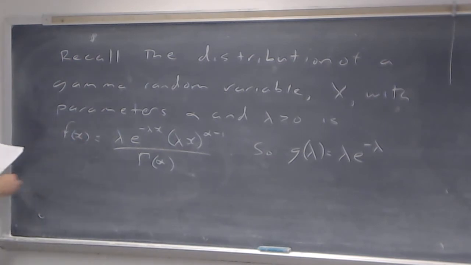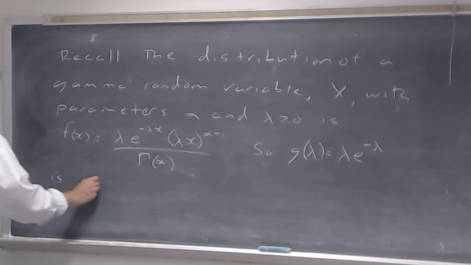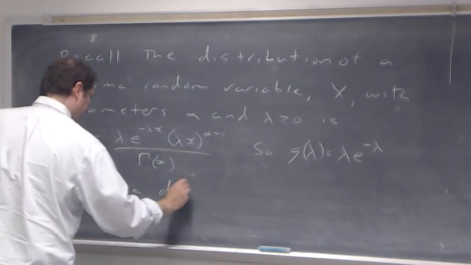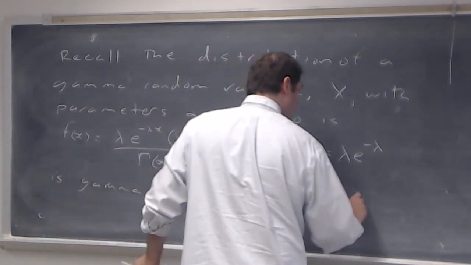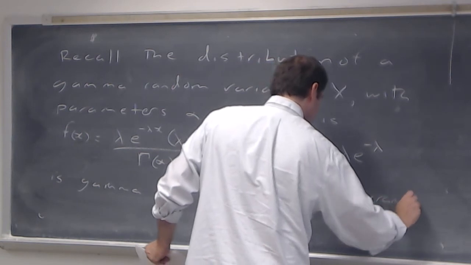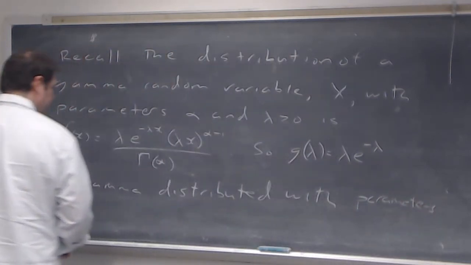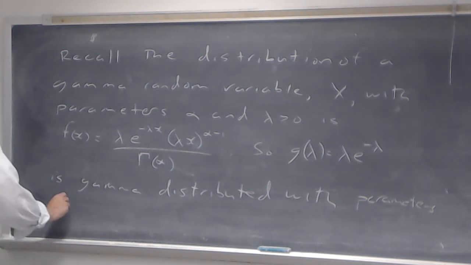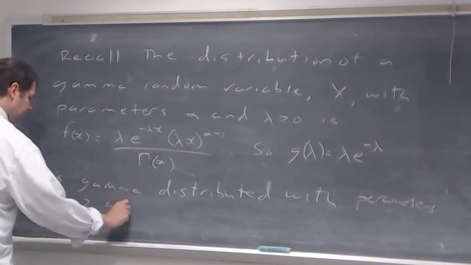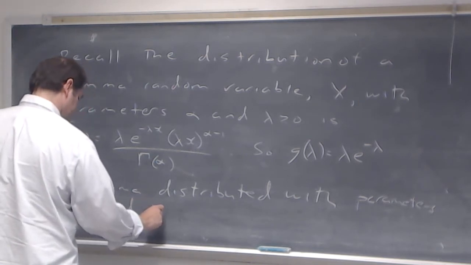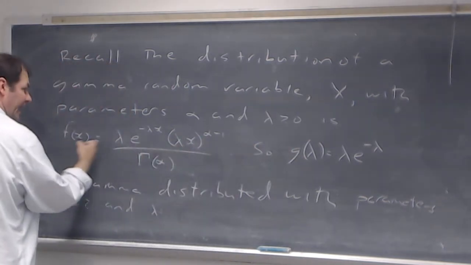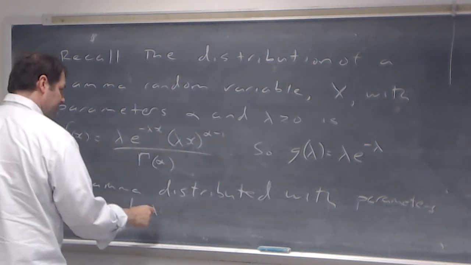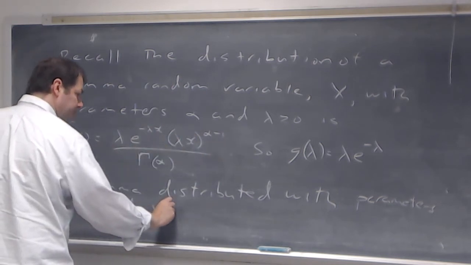And so, if this is gamma distributed, that's what they told us in the problem, with parameters, here the alpha is equal to 2, and the lambda would be equal to, not that lambda, but the lambda that's represented over here. This lambda is playing the role of x. The lambda for it is equal to 1.